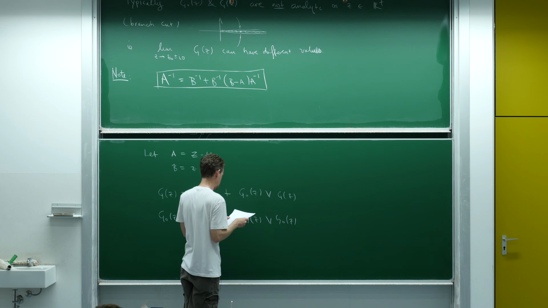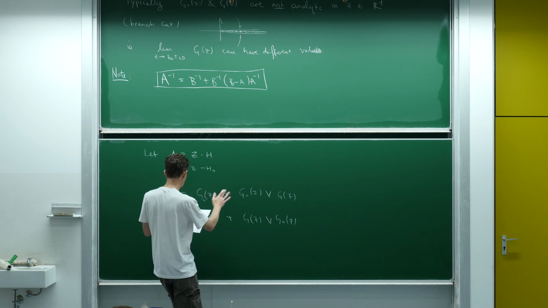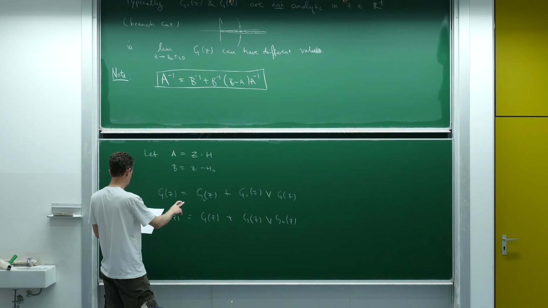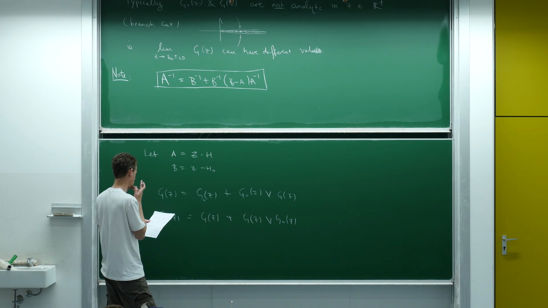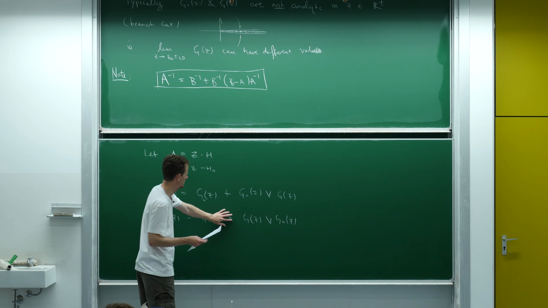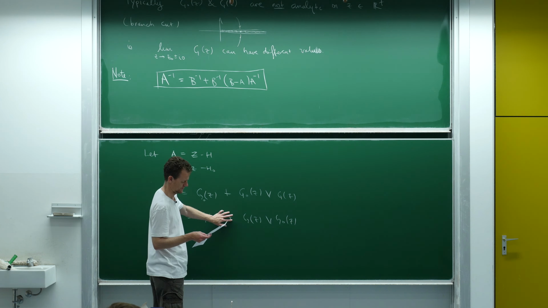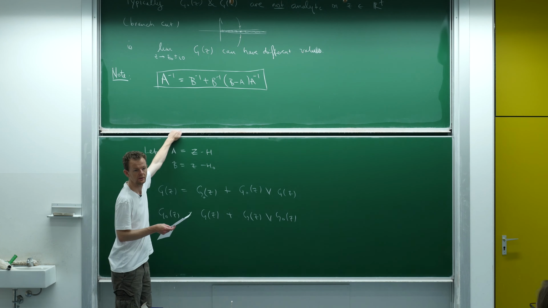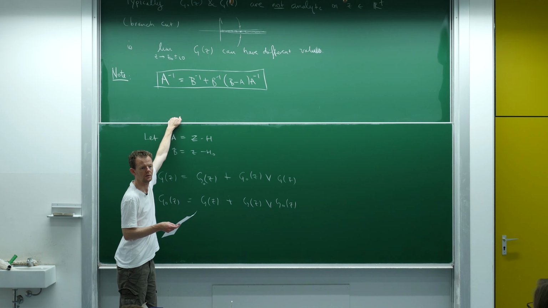And there must be a minus sign. No. G, G naught, G, G naught. Curious. I feel like there should be a minus sign here. B and A, right?